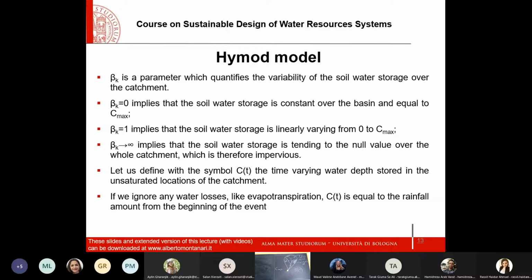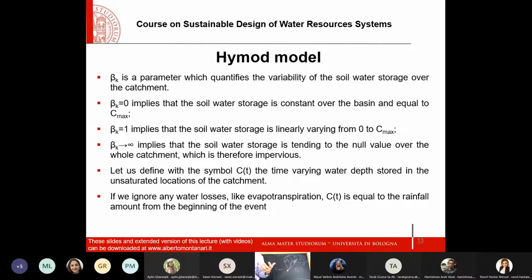What is the water depth stored in the catchment? 0. So it's not equal to the cumulative rainfall. C(t) is equivalent to the cumulative rainfall only in the unsaturated locations. But it is extremely important that I realize that there is a storage, a time varying storage into the catchment in the unsaturated locations.